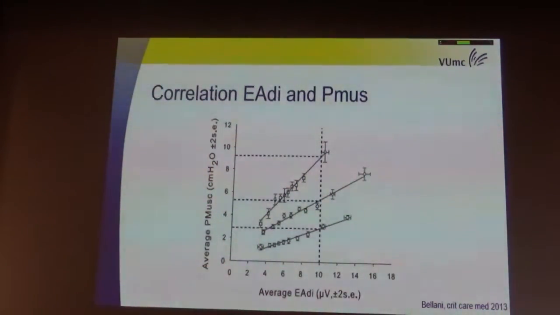So, for instance, if you have an amplitude of 10 microvolt, in one patient that corresponds to a pressure of 3 centimeters of water, and in another patient, 9 centimeters of water. So it's not really helpful in exactly estimating the work of breathing. And the group of Bellani and our own group are now working on a way to convert this electrical activity into centimeters of water, but it's not completely clear now how to do that.